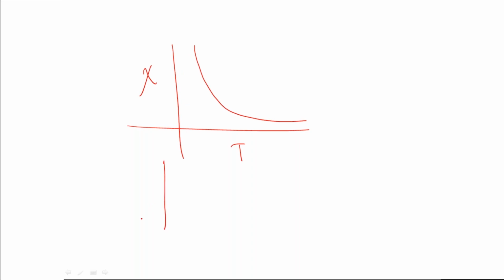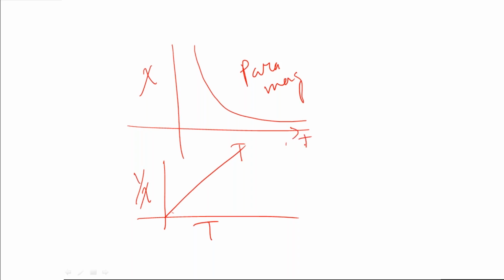So this is the case, and if you draw, sometimes in case of a paramagnet, I'll show you some curves. So this is for a paramagnet. If you draw chi and T, but if you draw 1 by chi versus T, you will get a straight line through the origin, like this.